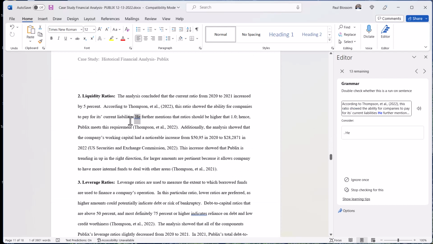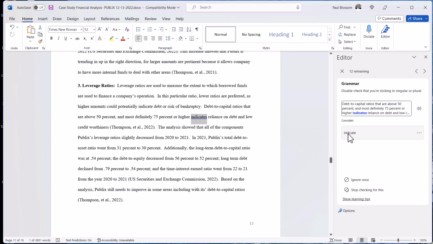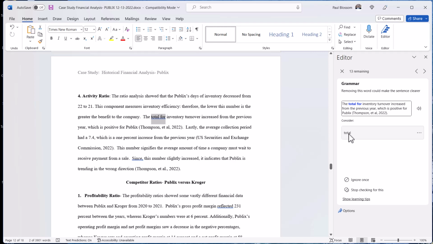In this case, there's no period between liabilities and he. So we'll do that. And debt to equity ratios that are above 50%, most definitely 75% or higher, indicates this should be single.